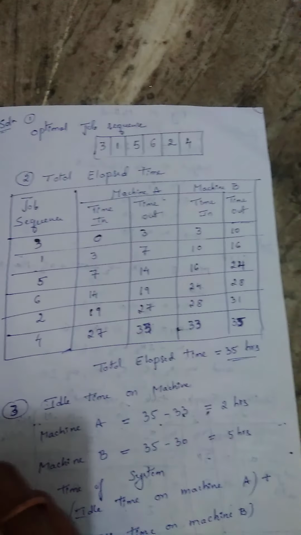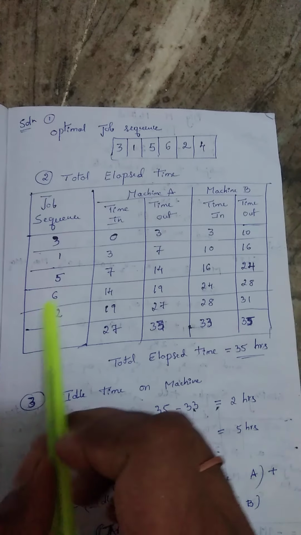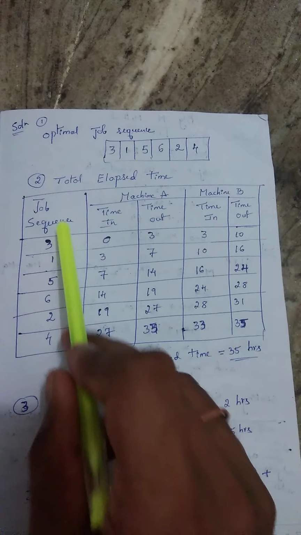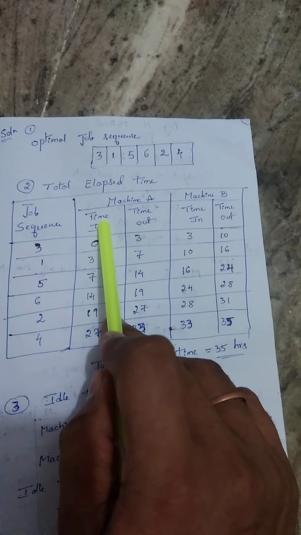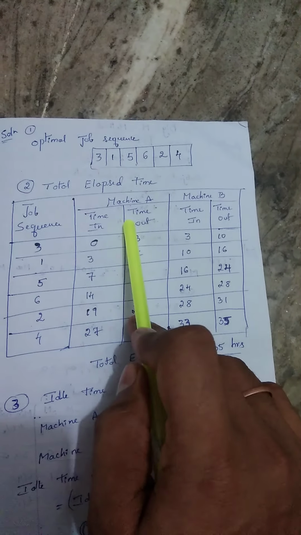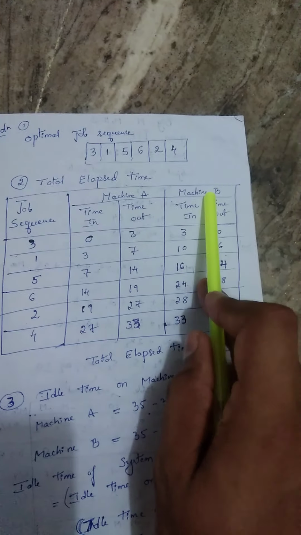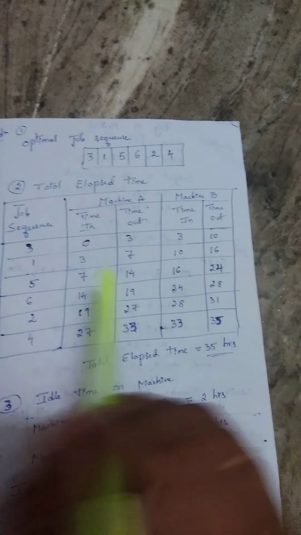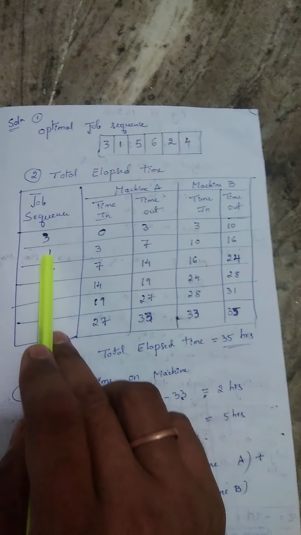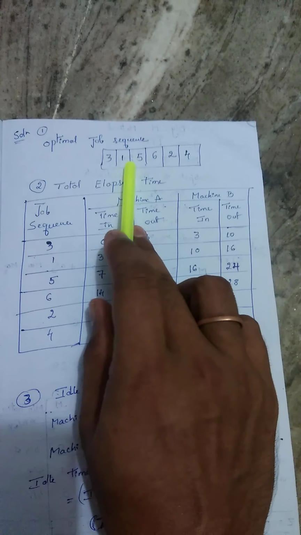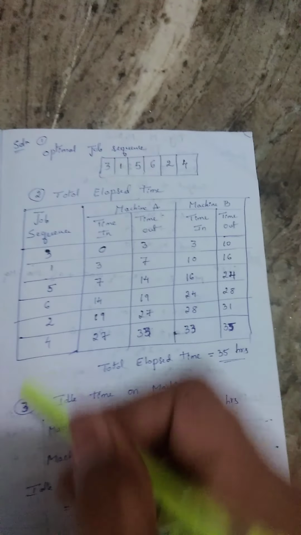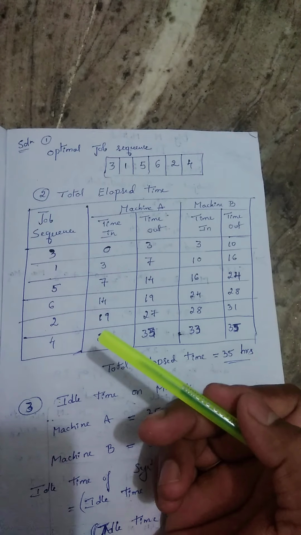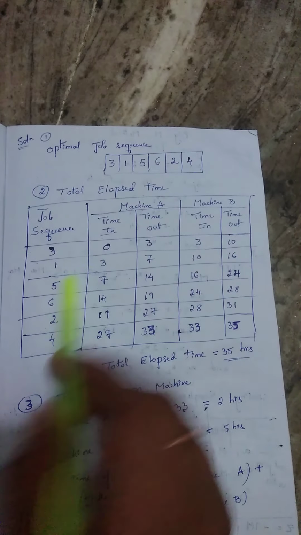Next, we are finding the total elapsed time. For the total elapsed time, we place the job sequence values and machine A, machine B, time in and time out for machine A, and time in and time out for machine B. This is the job sequence: 3, 1, 5, 6, 2, 4, the order found with the help of the Johnson algorithm.